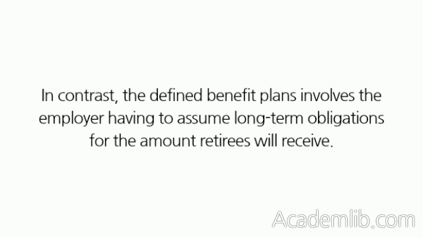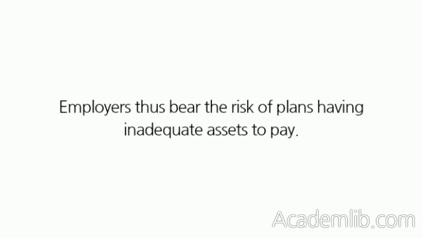In contrast, the defined benefit plan involves the employer having to assume long-term obligations for the amount retirees will receive. Employers thus bear the risk of plans having inadequate assets to pay.